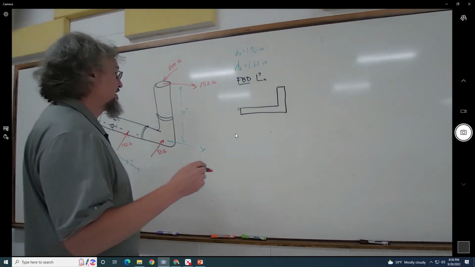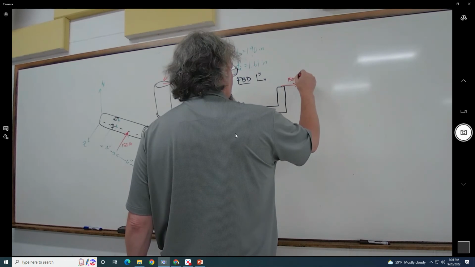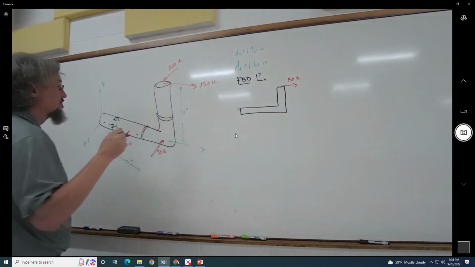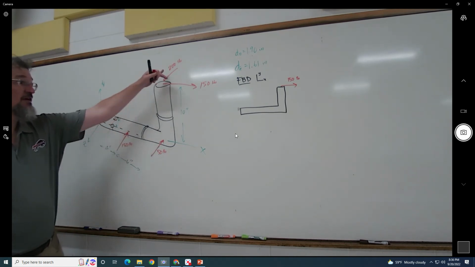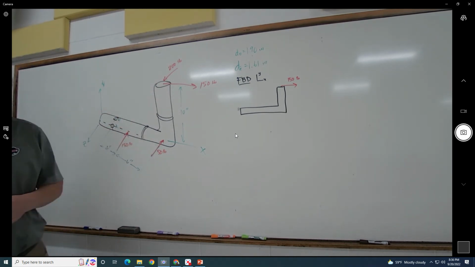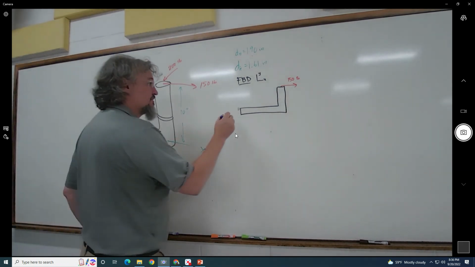The only force I think I can see is going to be the 150. What do you think? Did I miss any of them? Not going to be able to see that 150, not going to see that 50, not going to see that 200. So I think I'm good. That's just the reaction forces. Yeah, we just put the reactions on.